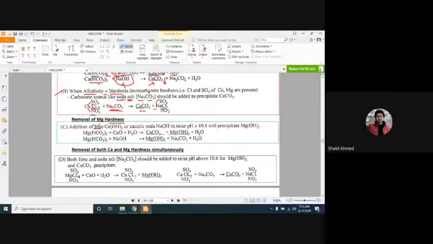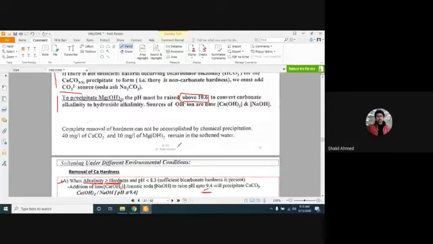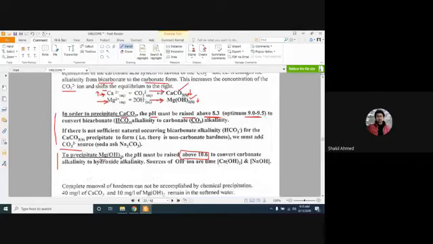So, addition of lime, calcium hydroxide, or caustic soda, raises the pH to 10.6. Remember, to get magnesium hydroxide, your pH has to rise above 10.6. For calcium carbonate, it was 8.3, but for magnesium hydroxide, it is 10.6.